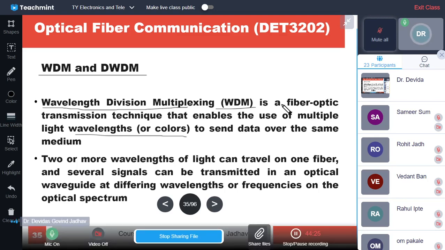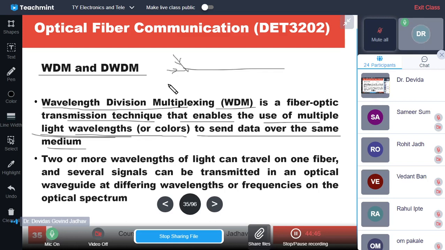Wavelength division multiplexing is a fiber optic transmission technique that uses multiple light wavelengths to send data over the same medium. The same fiber carries multiple wavelengths: lambda 1, lambda 2, lambda 3 and so on up to lambda n, all simultaneously carried by the same fiber.